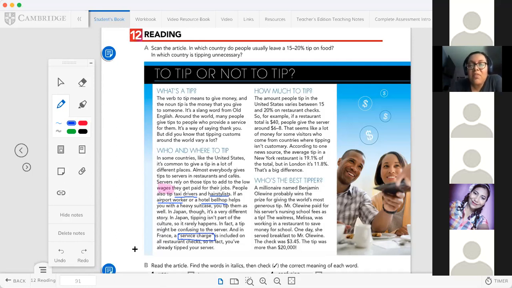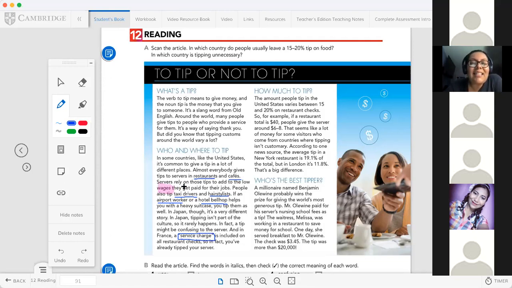Okay, so some of the things that we can see here, or that we read about, is that in the United States, it is common to give a tip in a lot of different places, and that almost everybody gives a tip to servers in restaurants and cafes. As Mario was explaining, it is common to give them just like $5, $6, I guess.